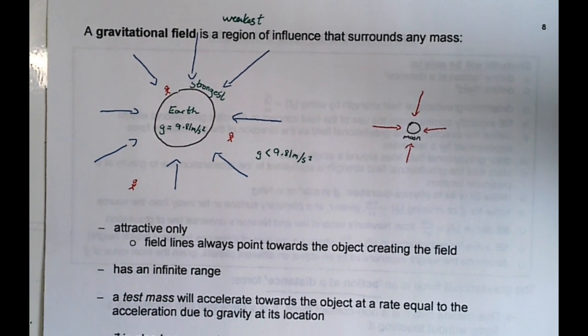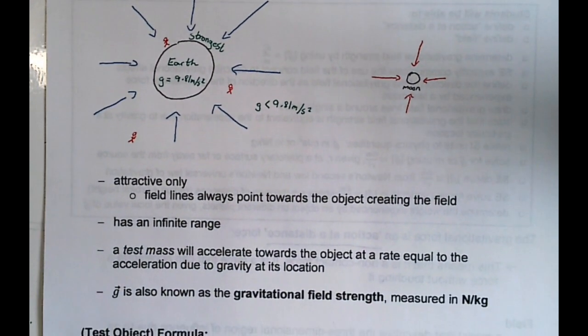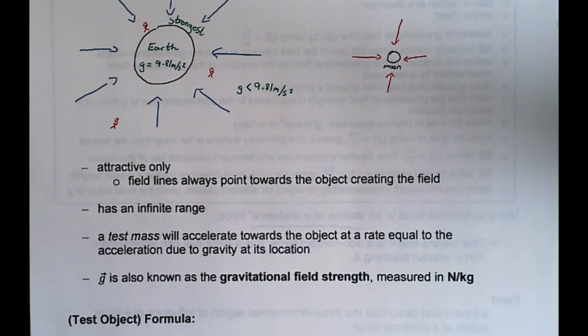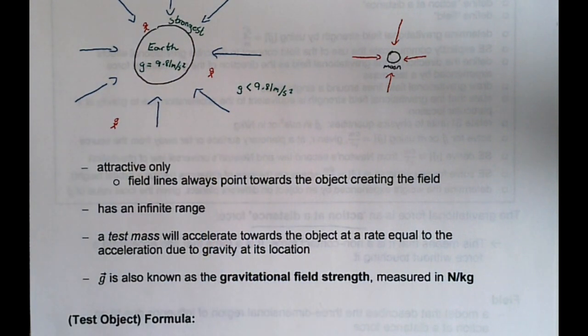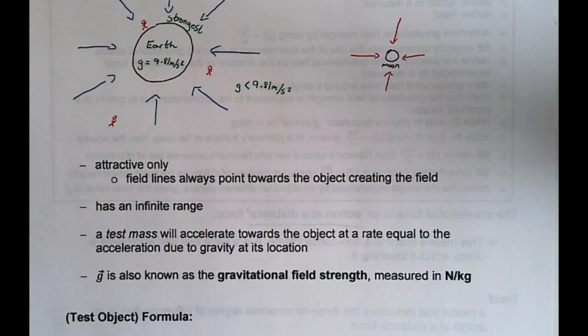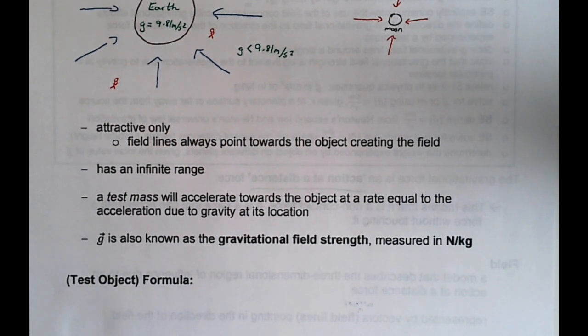Again, a gravitational field is attractive only. The field lines always point towards the object creating the field. These lines always go in the direction of how it's going to be pulled. It has infinite range, so it can go on for as far as we can imagine.